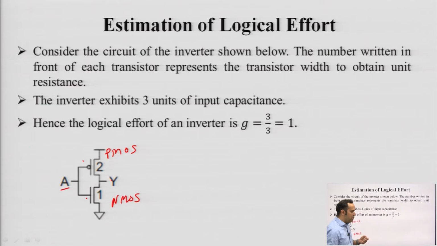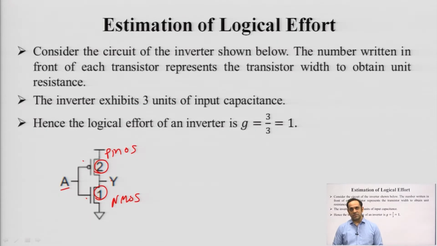Now, if I want to calculate the input capacitance of this, you can see the numbers here: I have written 2 here and I have written 1 here. These numbers denote the unit transistor. In the RC delay model, we have already described what a unit transistor is.